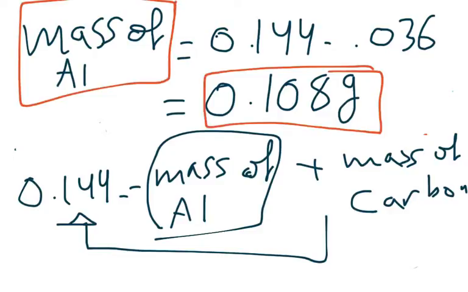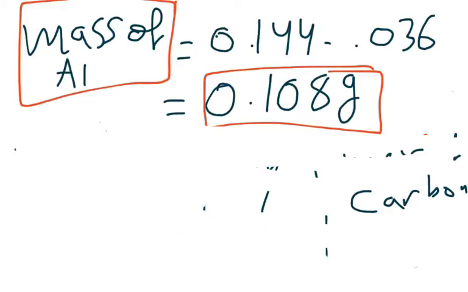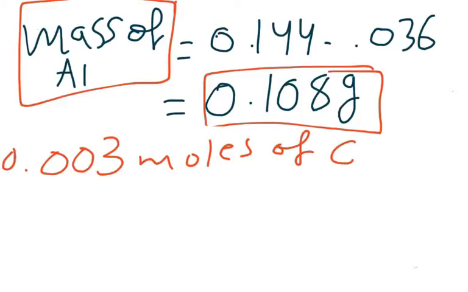What we need is to actually figure out the ratio of Al to carbon. So, just to recap, we have 0.003 moles of C, and we want to see how many moles of Al we have.